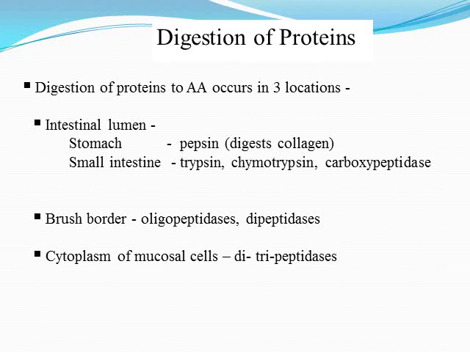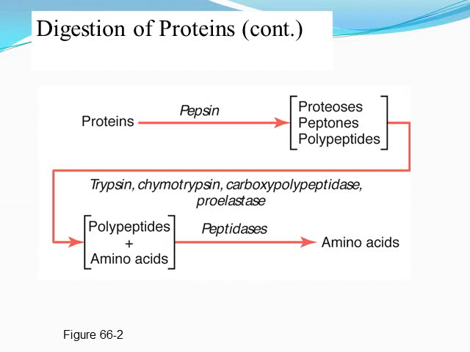If we don't get to amino acids in the brush border, then in the mucosal cell itself, we'll get broken down into amino acids through the peptidases. So that's what this is showing again, and amino acids wind up being absorbed into the blood.